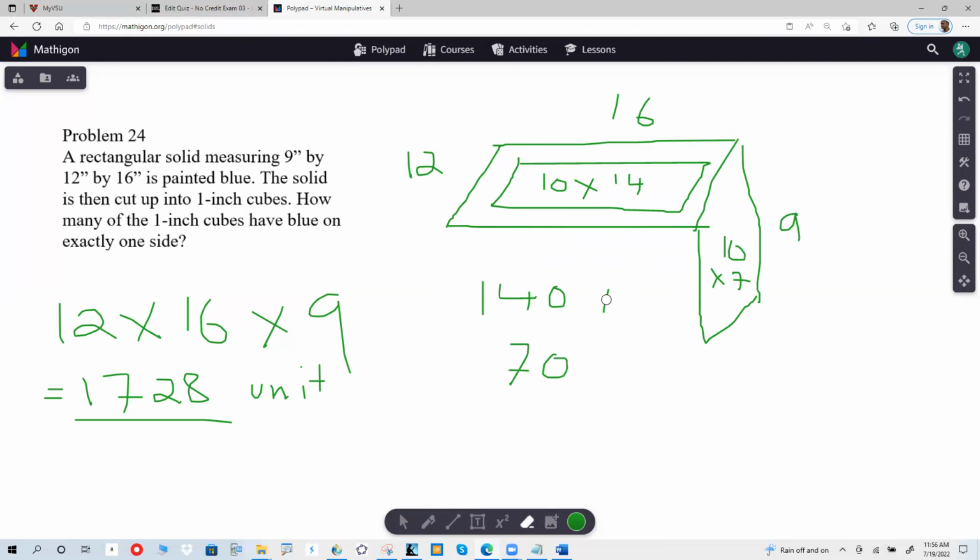Okay. And I have one more face, that 12 by 9 face, right around here. 140 and 70 have accounted for.